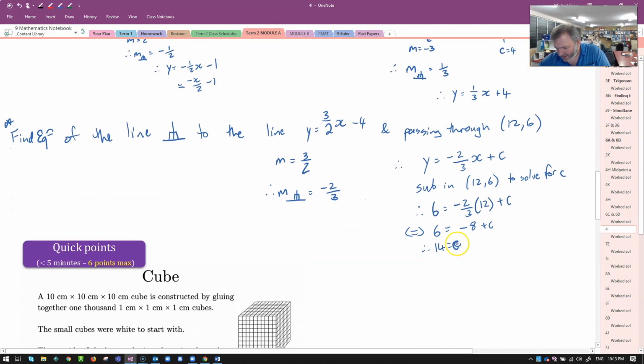So now I can write the equation. Equation of the line, of the required line, let's make sure I'm really clear, is y equals negative 2/3 x plus 14. And there you have it.